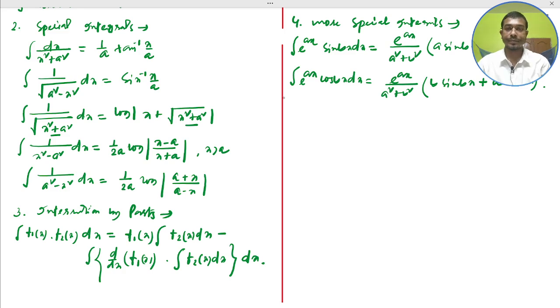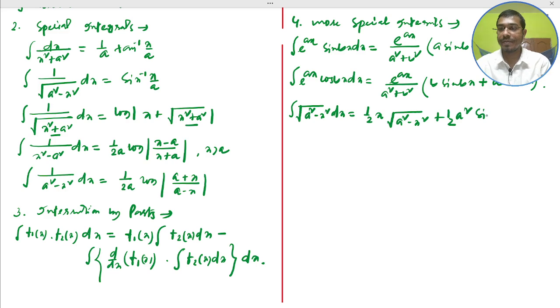Next, integration of root over a square minus x square dx. So it should be half of x, root over the function that is given, a square minus x square, plus half a square sine inverse x by a.